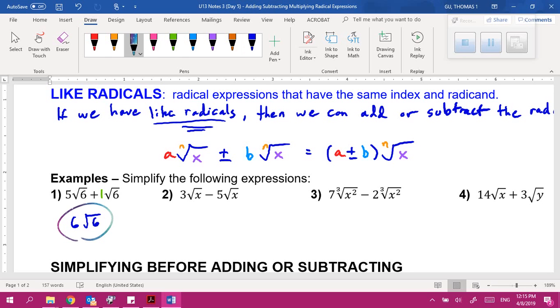Wow. That's it. So look at number 2 then. What do you think the answer to number 2 would be? Close. Negative 2 square roots of x. Right. It's 3 minus 5. So the square root stays the same? Yes, exactly. All right, what about the third one?